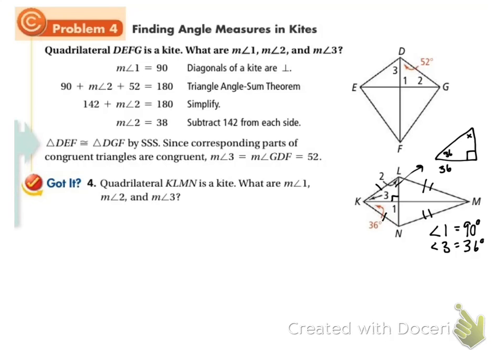So 36 plus 90 plus x equals 180. So 126 plus x equals 180. And when I subtract 126, I get that x is equal to 54. So angle 2 then is 54 degrees.